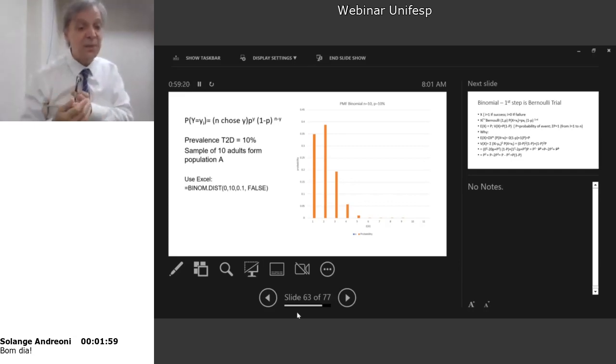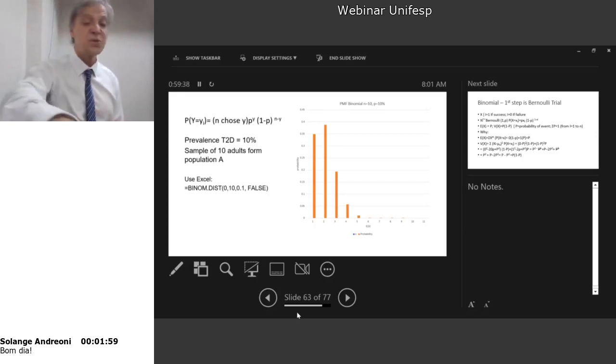So if I sample 10 people randomly, what's the probability of 0 diabetics? I calculated, it's 35%. I did not calculate probability 0 in the table; I calculated probability 1, 2, 3, 4, and 5. Sorry, I should have calculated the probability of 0 also. So the distribution would have a left tail here too.